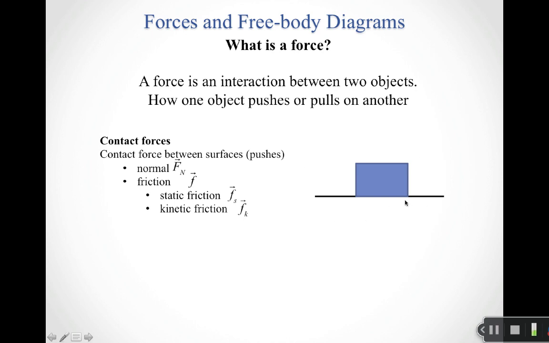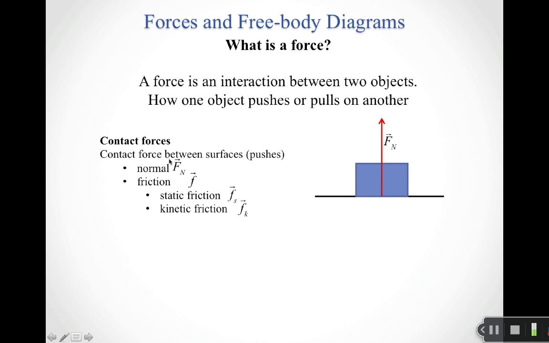Since the box is in contact with this horizontal surface, I know there's going to be a normal force. That normal force is going to be perpendicular to the surface. Since the surface is horizontal, the normal force is going to be vertical. And in this case, since the box sits on top of the surface, the surface is helping hold the box up, so the normal force points up.